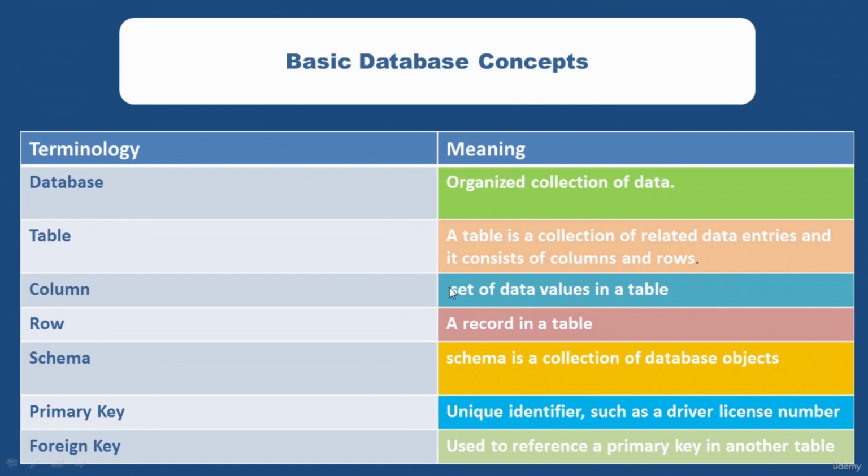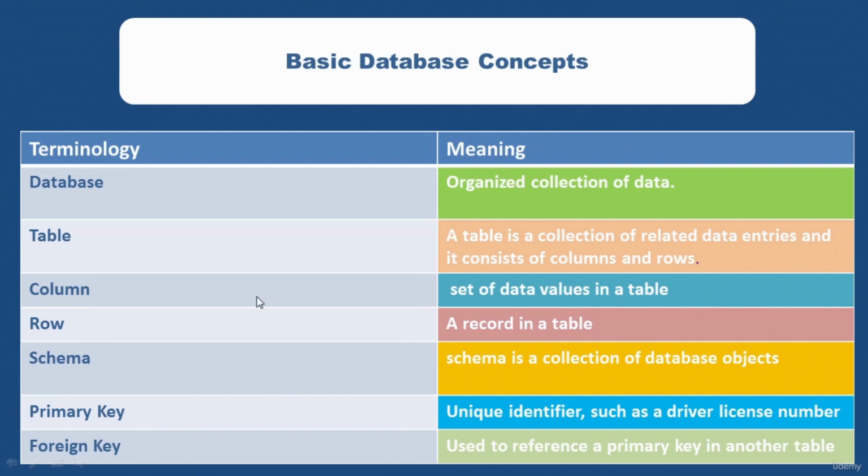This table here is similar to what a database table is. So the columns go vertically, for example, this word terminology can be referred to as a column, and this word meaning can be referred to as a column. The rows go horizontally, so these database, table, columns entries are all referred to as a row.